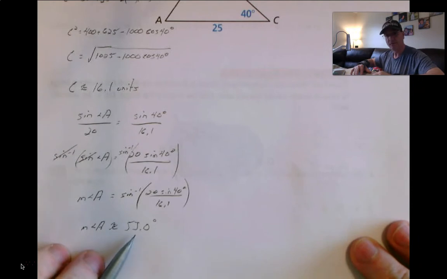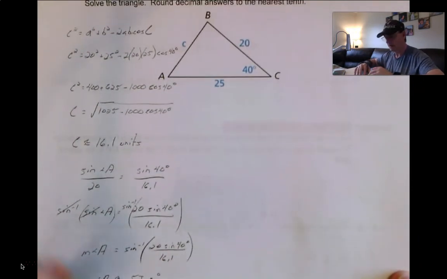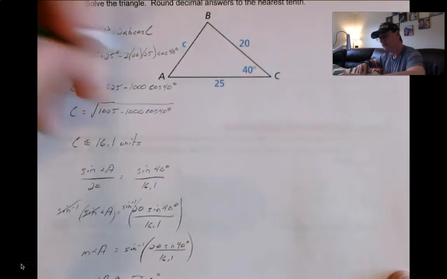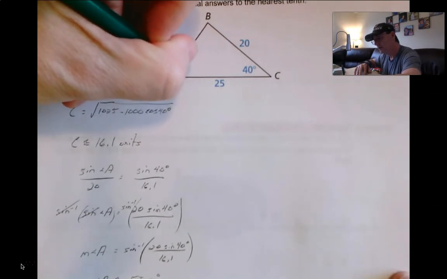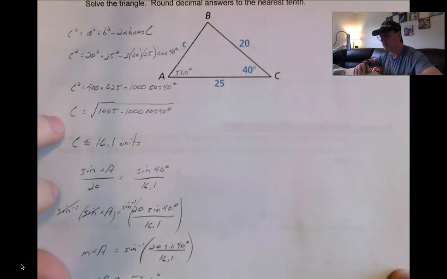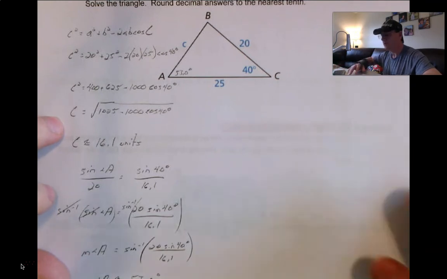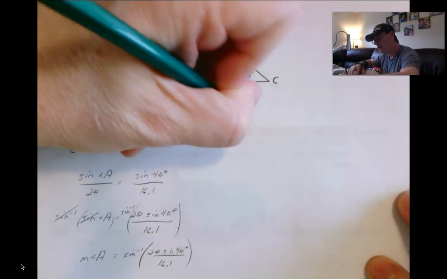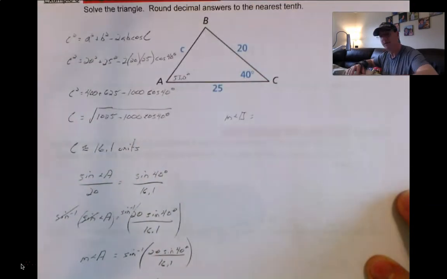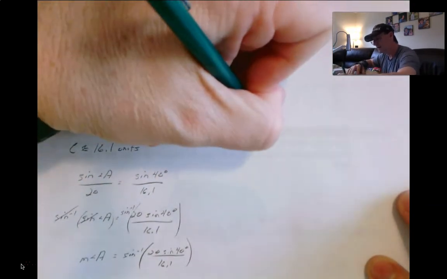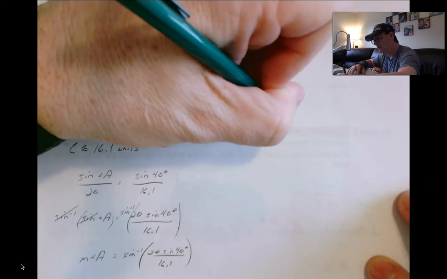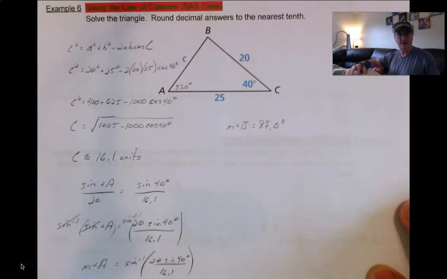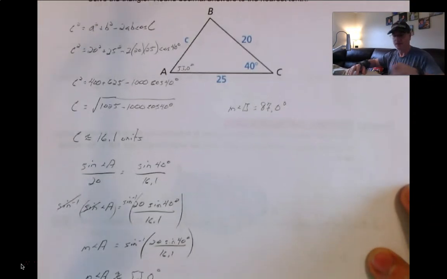If this is 53 degrees and this is 40 degrees, 53.0 degrees gives me measure of angle B. Last piece of information that I needed is 87.0 degrees. And that is all of example 6.